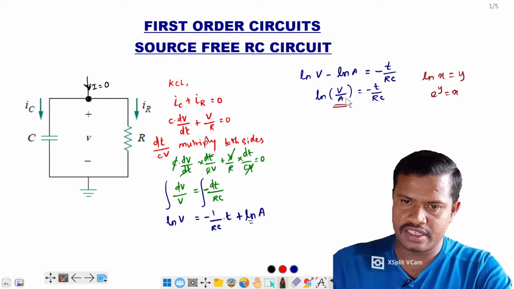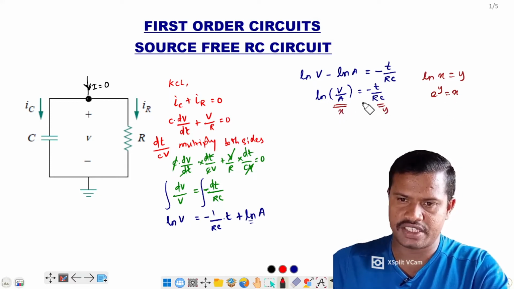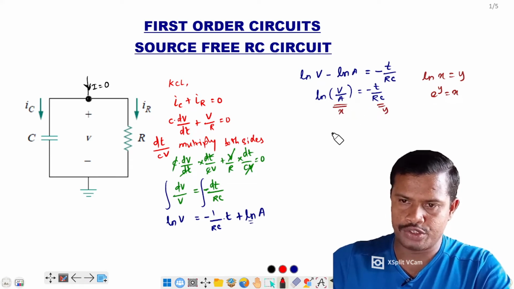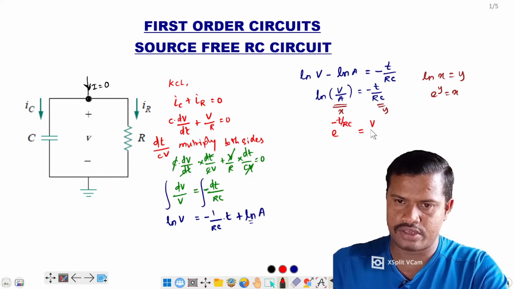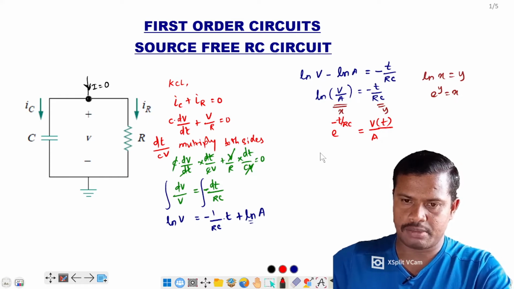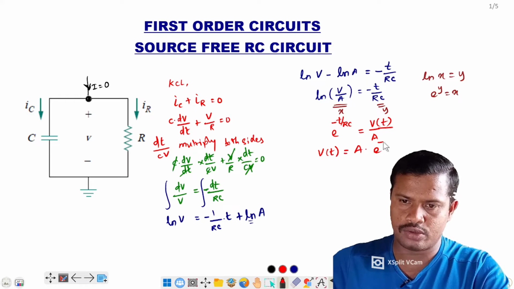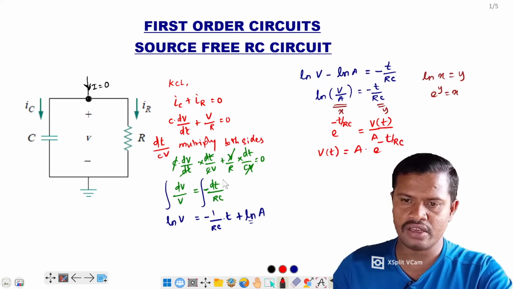Here V by A is x and negative t by RC is y, so e to the power of negative t by RC is equal to V by A, and entering the time domain form, V of t is equal to A into e to the power of negative t by RC.